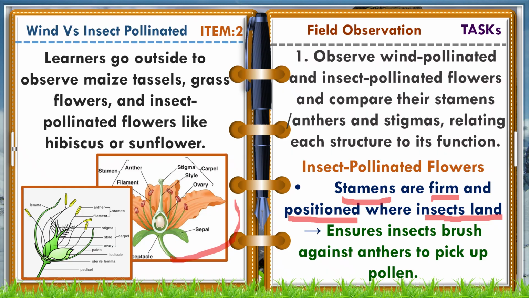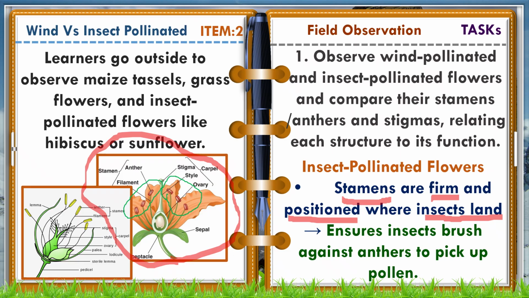So when you look at this flower here, this is our insect-pollinated flower, and we have the stamens here. They are located in the area where the insects are going to land. When the insect comes from here, it will land on the petal, but all around there, they are stamen. So that is a position where the insects are going to land.